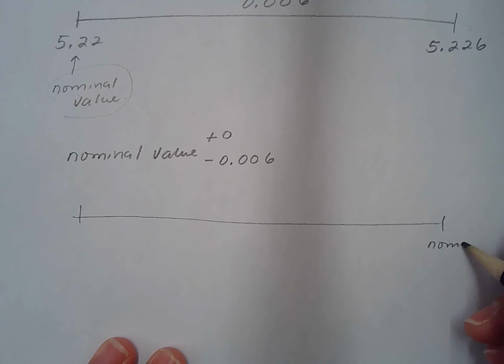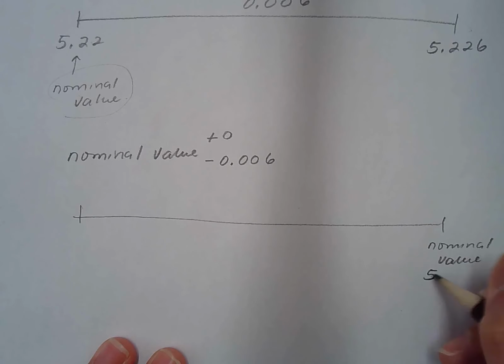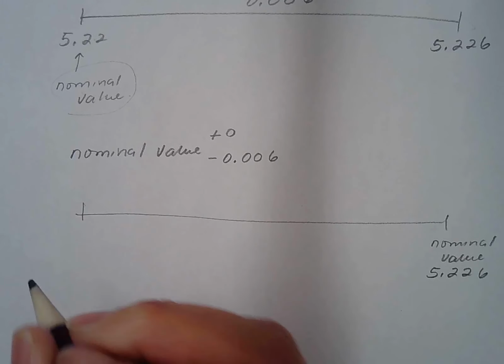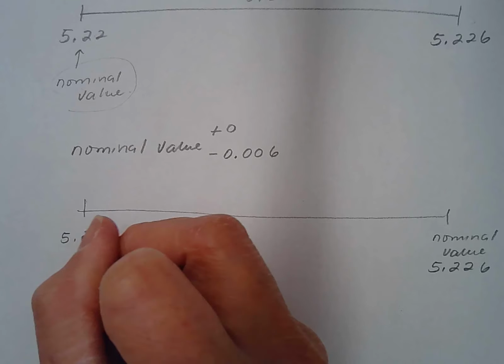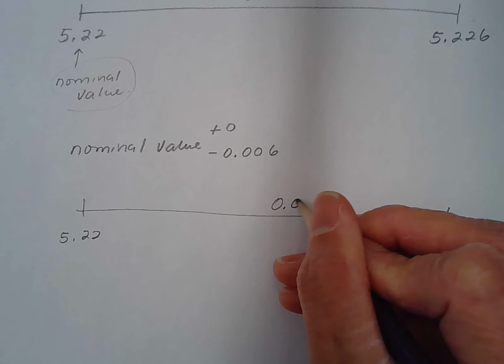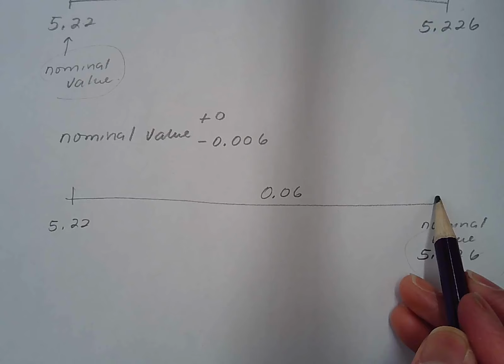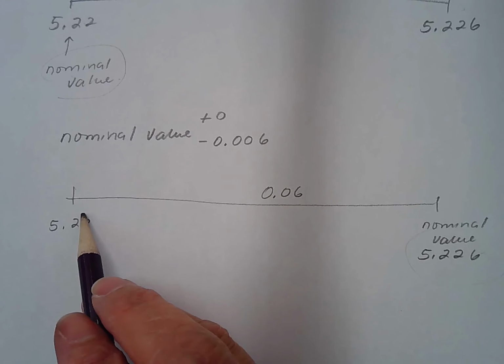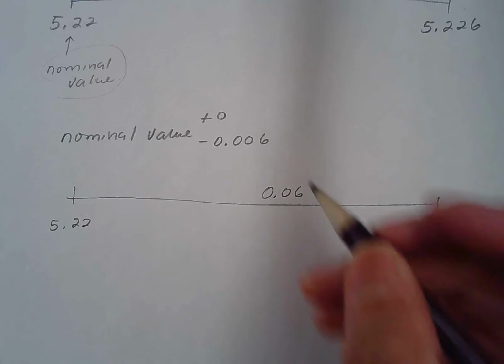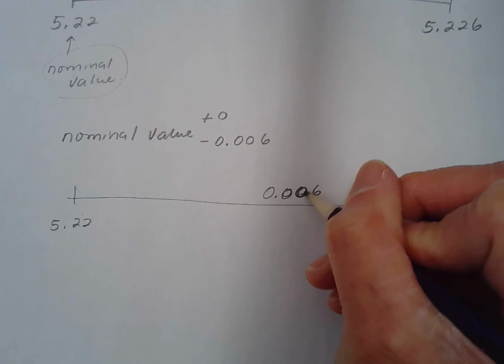So this is what it would look like. Nominal value of 5.226. And then 5.22 is our minimum, 0.006. So this is our target, 5.226, but then it's okay to go lower by 0.006.